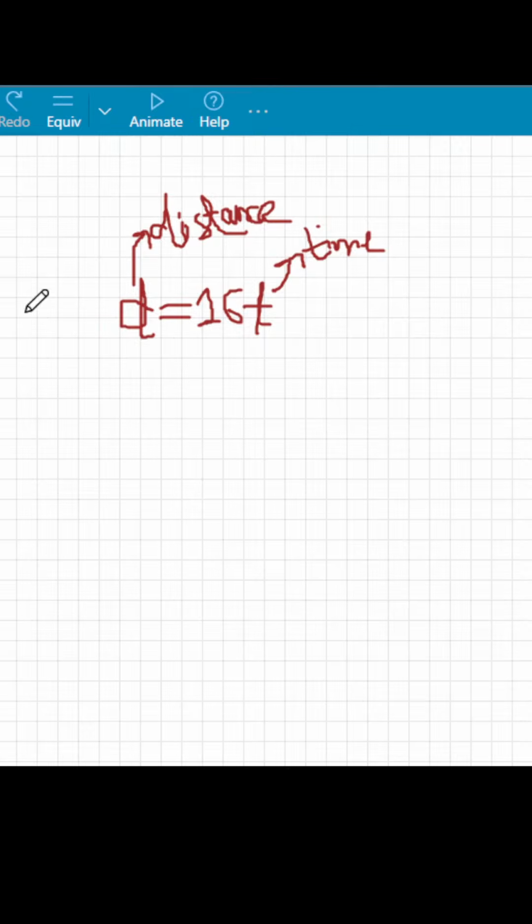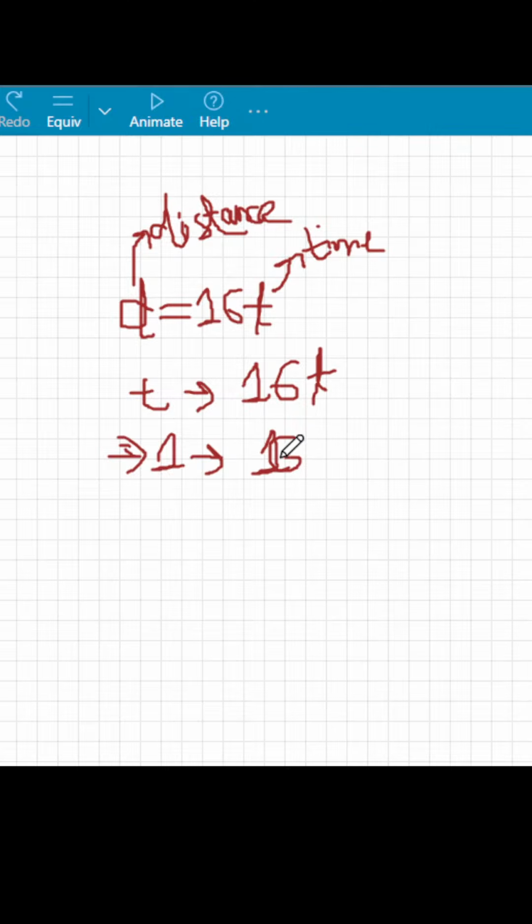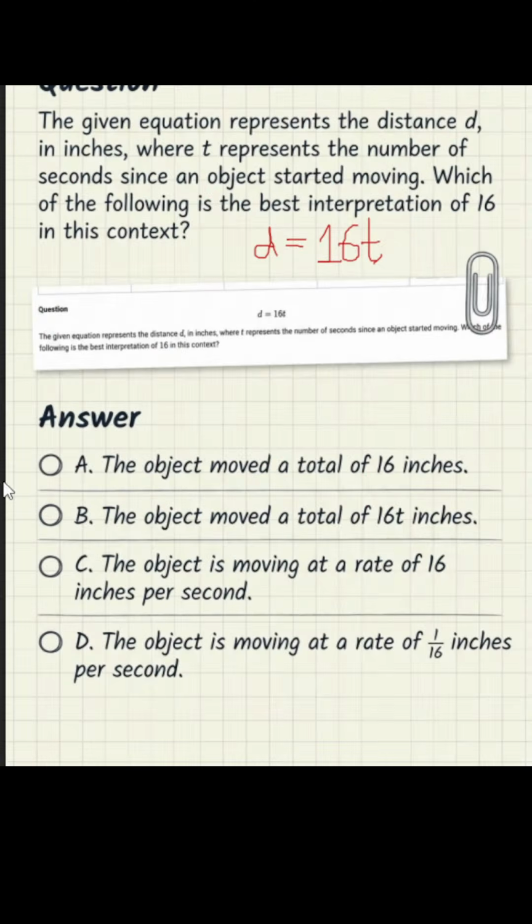So if the object covers 16t inches in t seconds, then in 1 second it should cover 16 inches by the unitary method. So that means you can see that it covers 16 inches in 1 second, or per second. So that is the interpretation of 16 here.